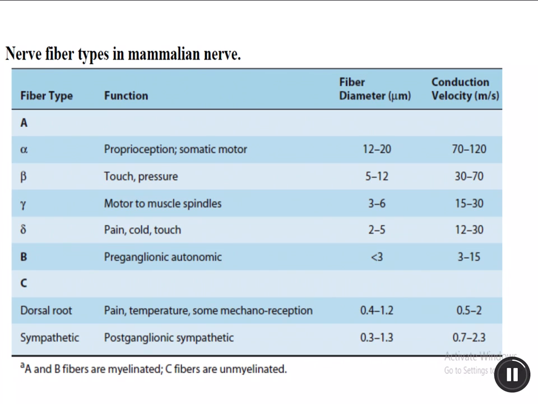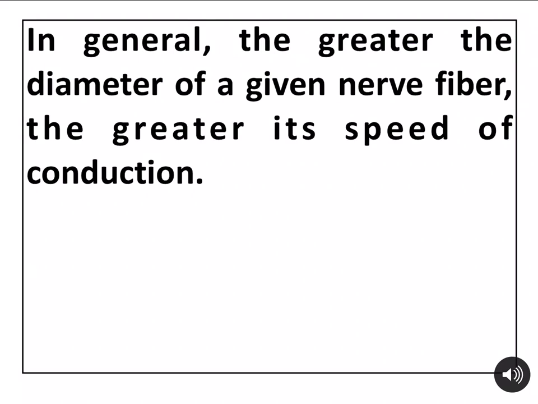This table shows that when the fiber diameter of a neuron in micrometers increases, the conduction velocity increases. As a summary, in general, the greater the diameter of a given nerve fiber, the greater its speed of conduction.